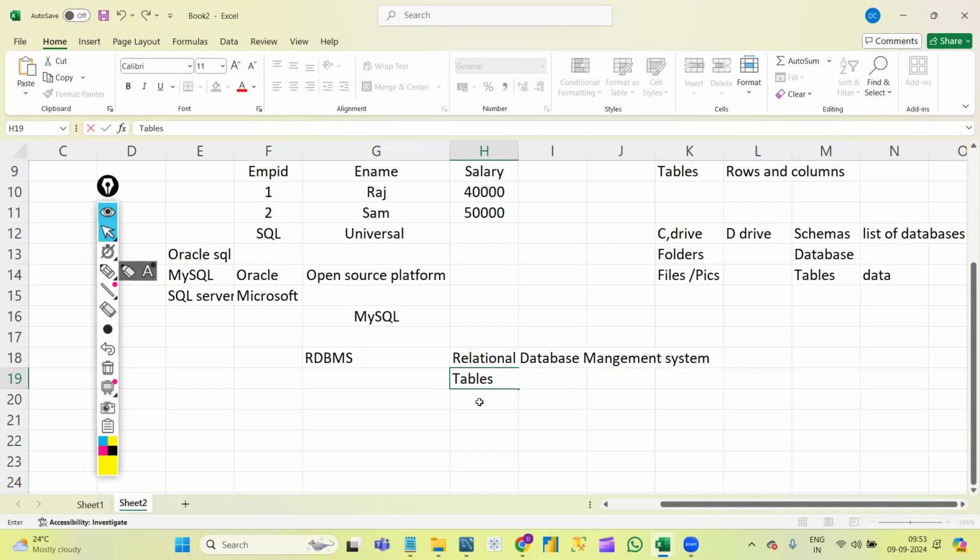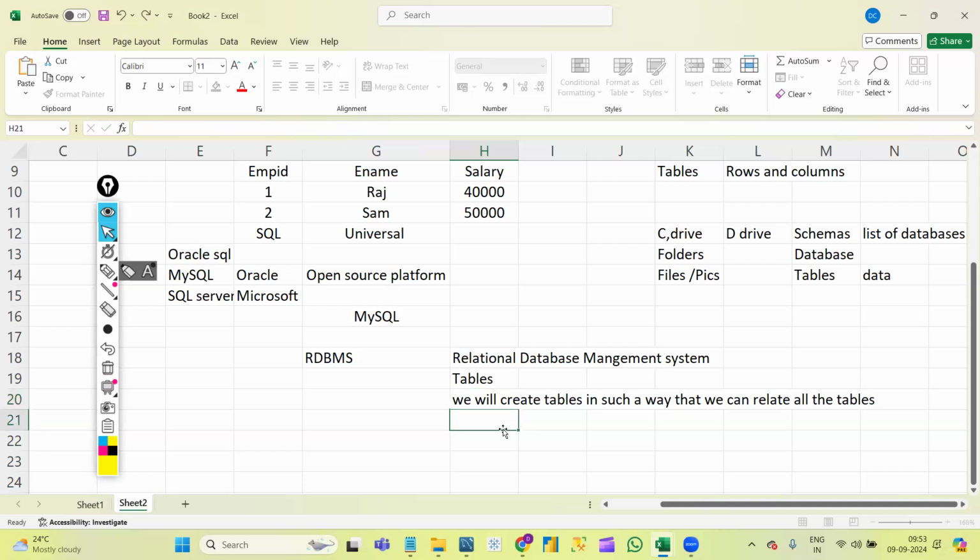We will create tables in such a way that we can relate all the tables with each other.